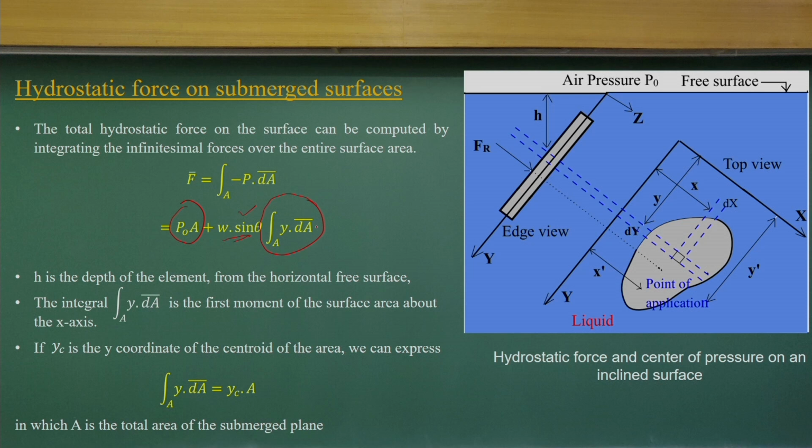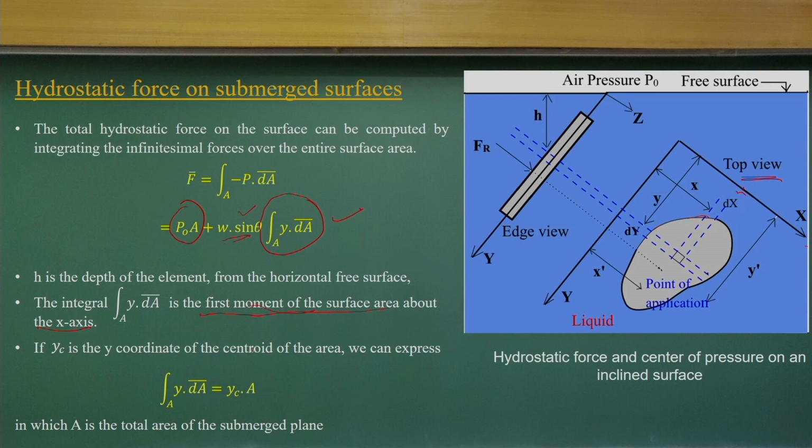What is y dA? Very simple: it is the first moment of the surface area about the x axis. If you look at this top view, you have the x axis and this is the y axis. Taking the area's first moment from this x axis, that is what will come.